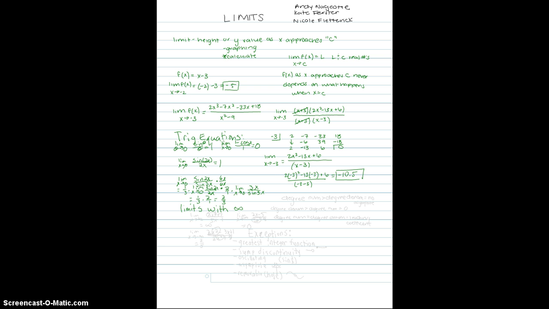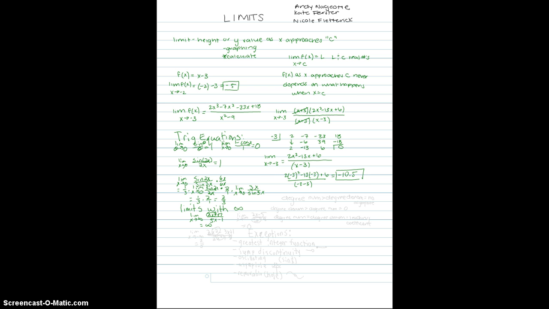So for an example, the limit as x approaches infinity of 2x squared plus 7 over 5x minus 1. The limit would equal infinity because the numerator has an x squared in it and the denominator does not have any variable with an exponent.